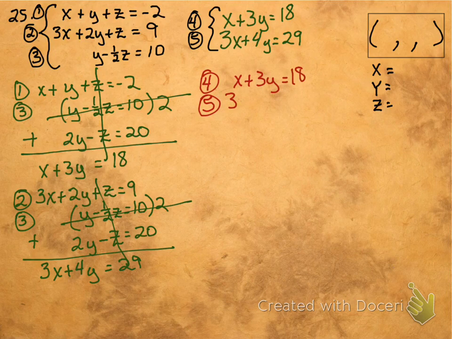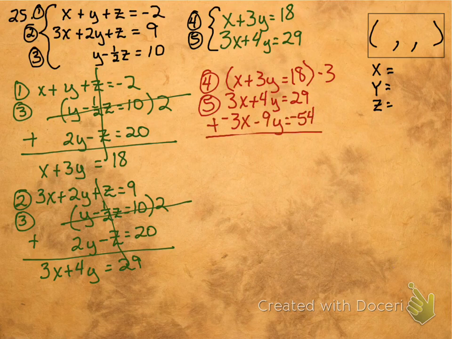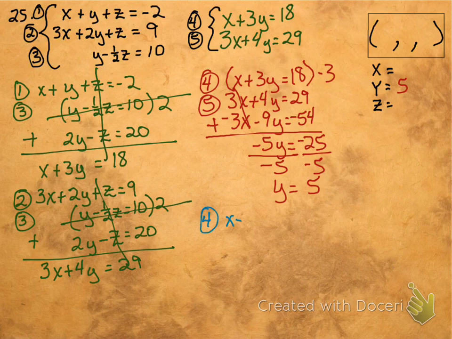Looking at 4 and 5, I'm going to multiply number 4 by negative 3 to get rid of my x. And I end up with y is equal to 5. I plug that into problem number 4.